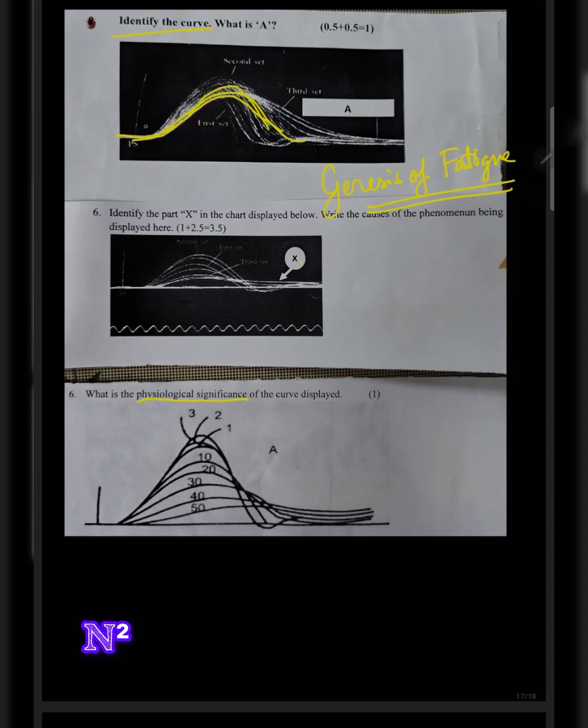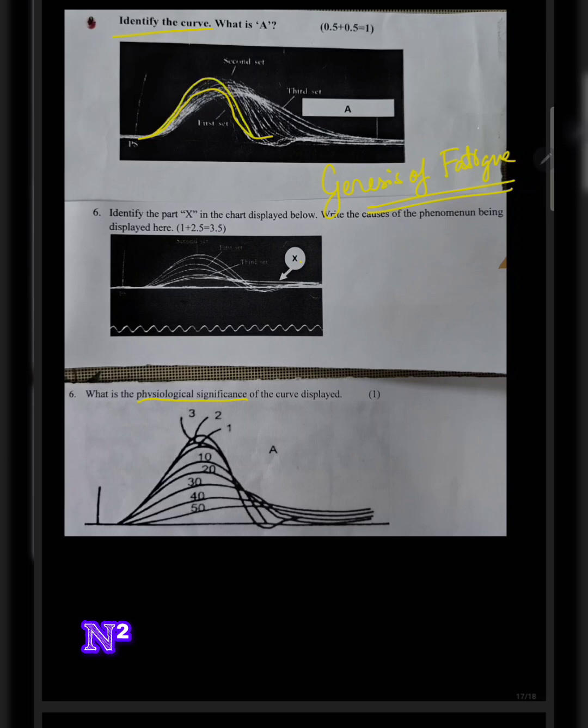You are rotating the kymograph and repeatedly stimulating at the same point, so you get a chart with a clumping of simple muscle curves. The interesting point to note is that the first set shows the curves to be like this.